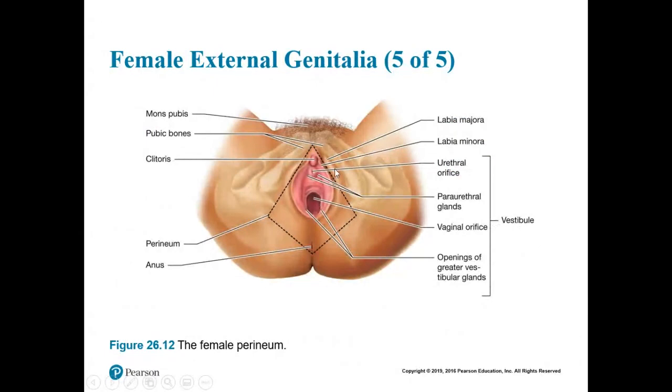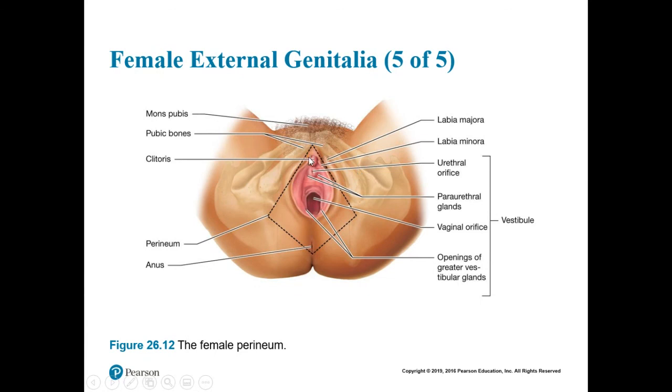Okay, so moving into the external genitalia. Again, this part is known as the vulvar region. I don't think I have it here. It's spelled V-U-L-V-A-R. Vulvar region. Okay, externally.